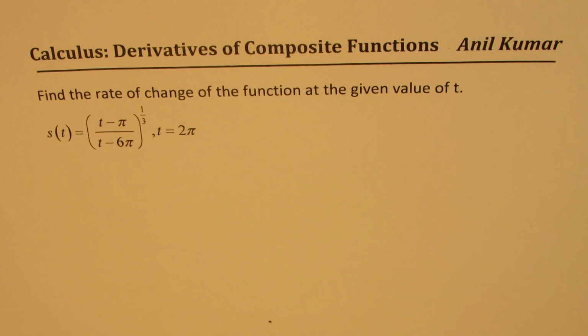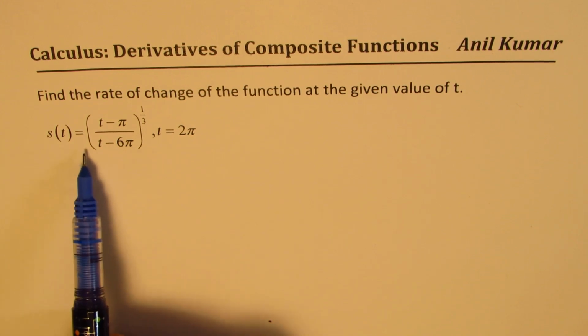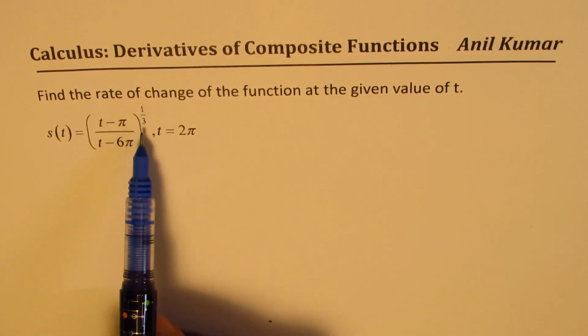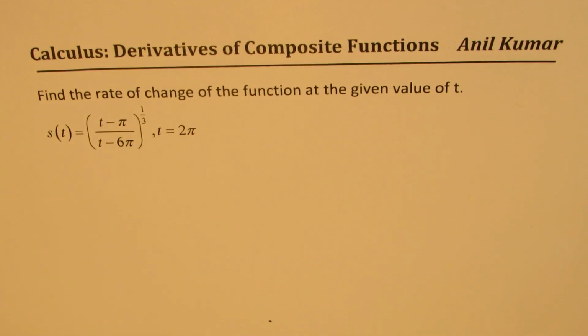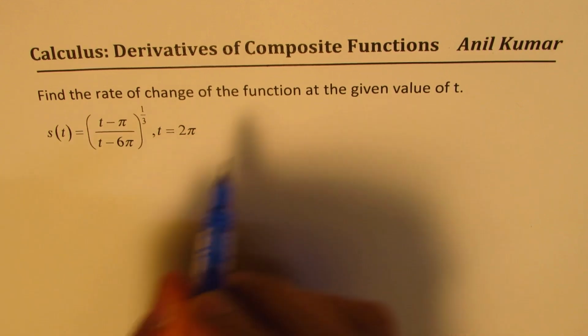We need to find the rate of change of the function at the given value of t. The function is s of t equals (t minus pi over t minus 6 pi) to the power of 1 over 3, where t equals 2 pi. So we'll apply the power rule first with the chain rule.